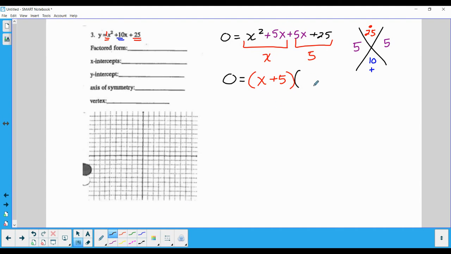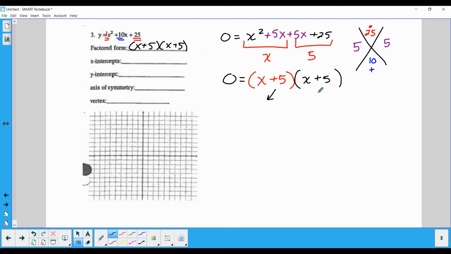And then my second binomial is what I get when I divide by that GCF. x squared divided by x is x. 5x divided by x is 5. And if I check my second group, 5x divided by 5 is x, and 25 divided by 5 is 5. So that tells me that I did it correctly. So this is my factored form, x plus 5 times x plus 5.